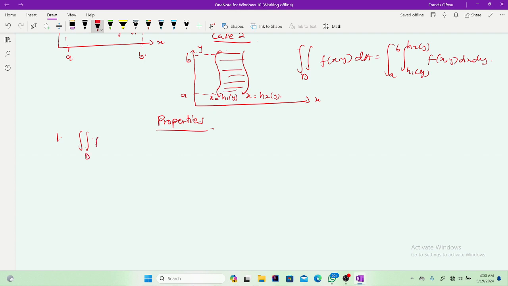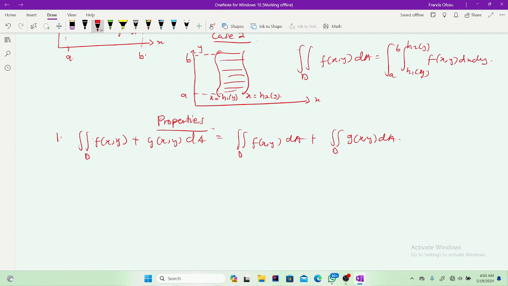If you have an integral of a function f of x y plus another function g of x y over the region D, dA, then we can decompose this into the double integral over region D of f of x y dA plus the double integral over region D of g of x y dA.